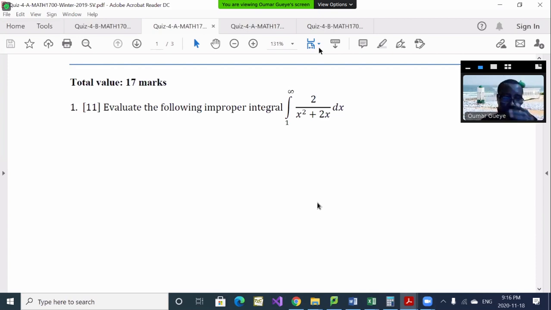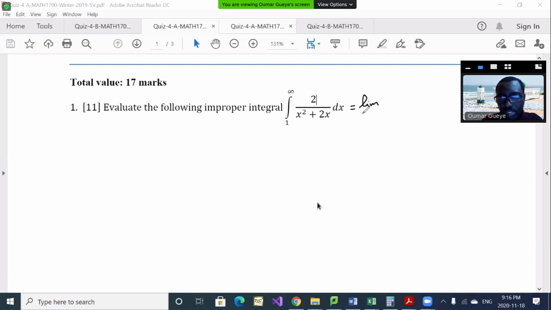All right, so let's solve this question. We have an improper integral of type 1 because of infinity, and as we've seen, we remove infinity and substitute it by t, and we let t go to infinity.